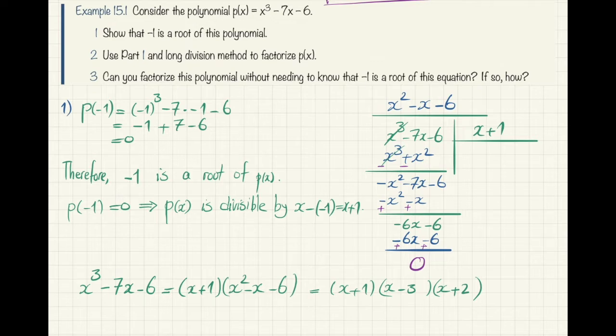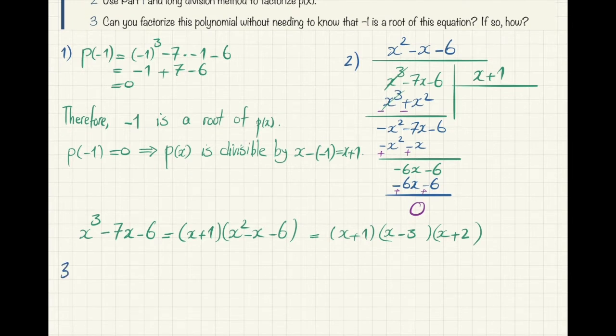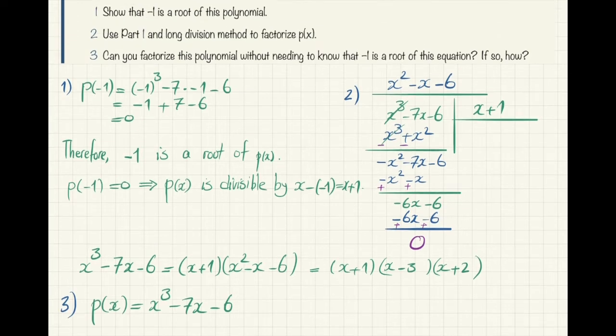So let me try to solve part 3 together. Hopefully you have enough experience by now. So this is part 2 of the problem, and let us go to part 3 of the problem. So what was my polynomial? My polynomial is x to the 3 minus 7x minus 6. Yes, that was my polynomial.